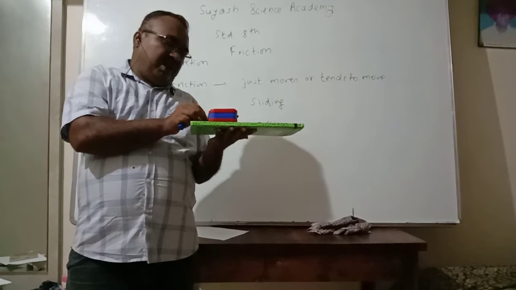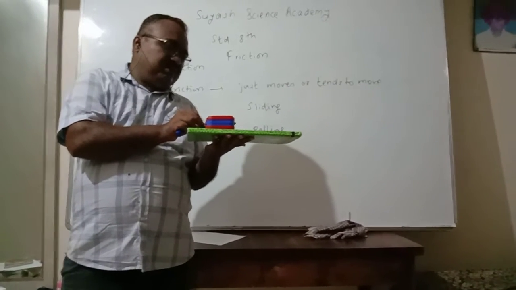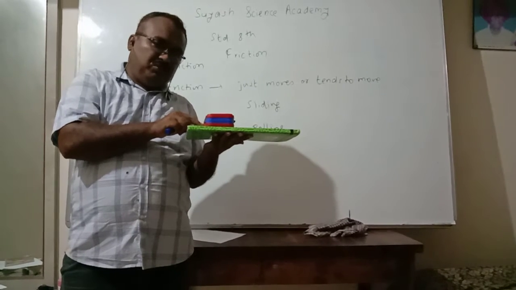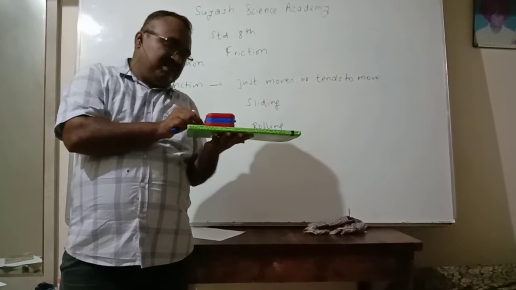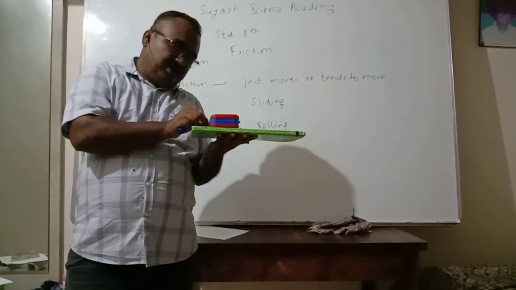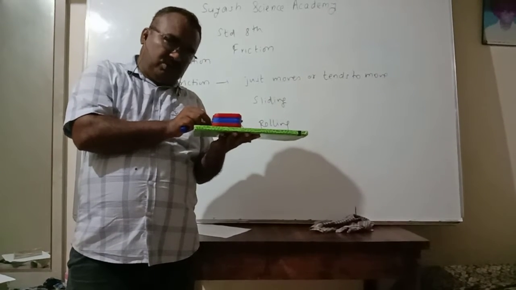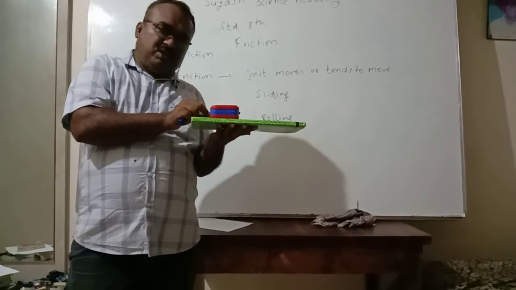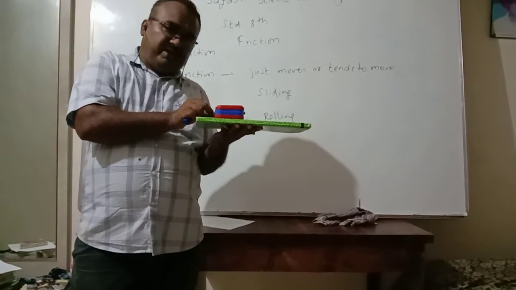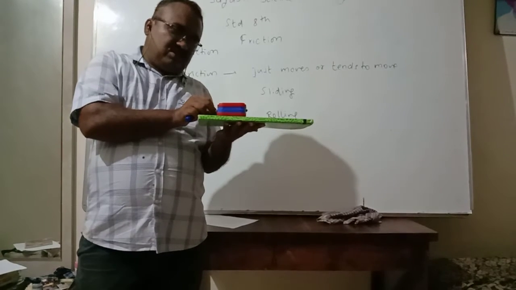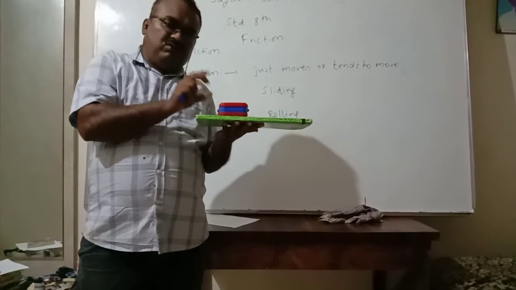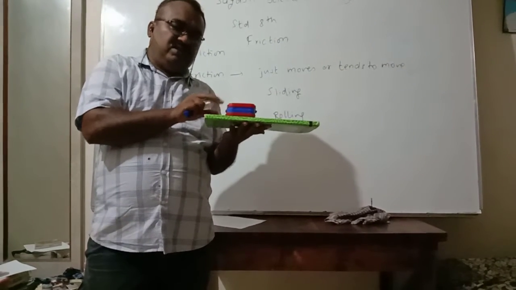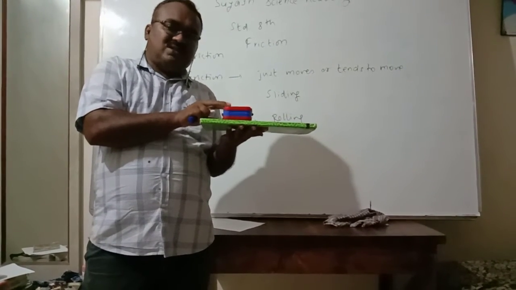When I apply less force, the compass box is not moving, so I increase the magnitude of force until it just starts moving. The friction between two bodies in contact when one body just moves or tends to move over another body is called static friction.